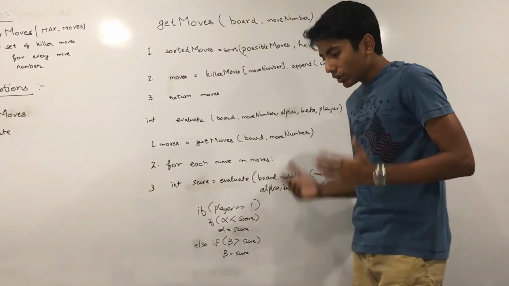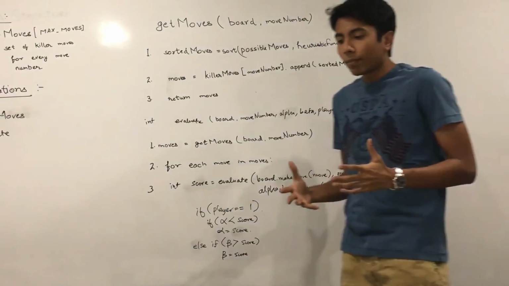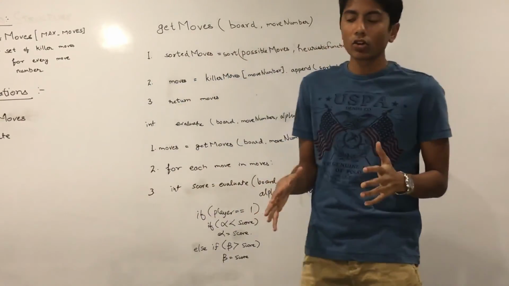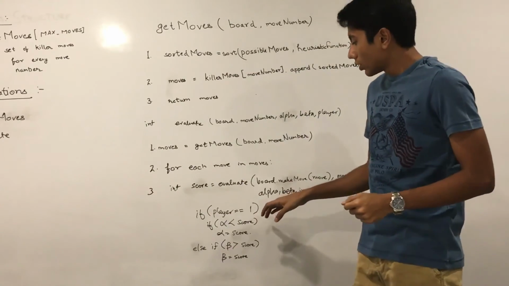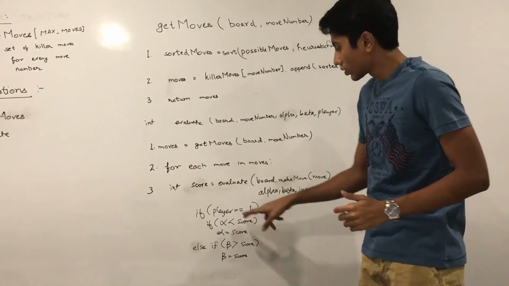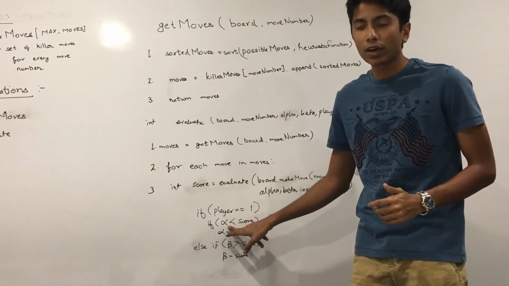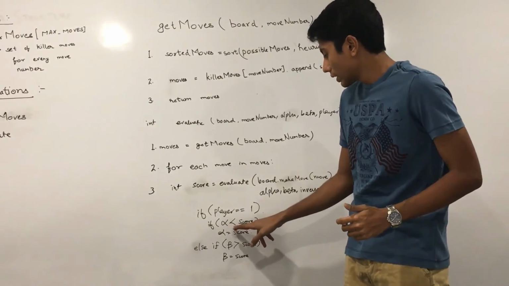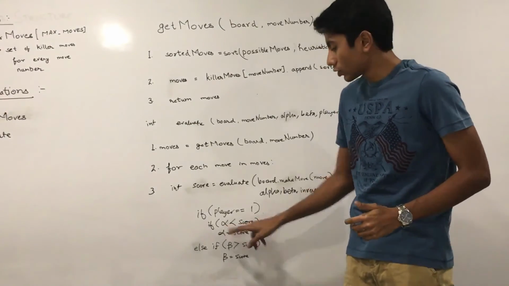Now, remember that alpha is the minimum that you're willing to take and beta is the maximum that you are willing to give. So minimum that you're willing to take is always for the first player. So if you're player 1, then you're going to update alpha only if the score that you're getting is actually greater than alpha. So you can get more.